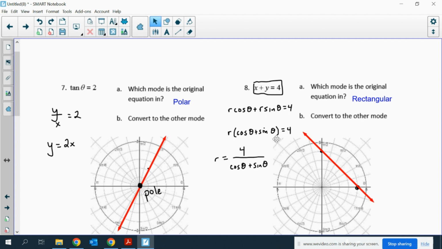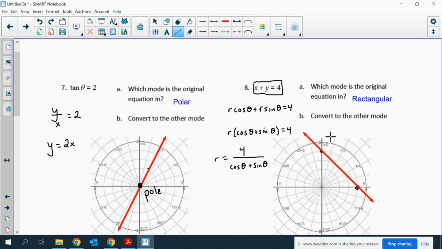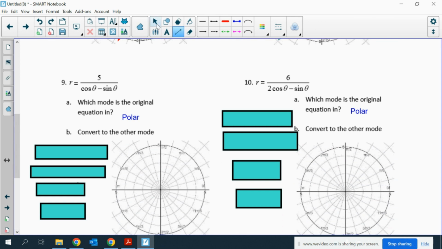Anytime you see a line that looks something like this, it will probably be symmetric to some sort of angle, and in this case, it is symmetric to theta equals pi fourths. You see how it's perpendicular to that line, and so you would end up with that being symmetric to theta equals pi fourths. 9 and 10 are very similar to number 8.